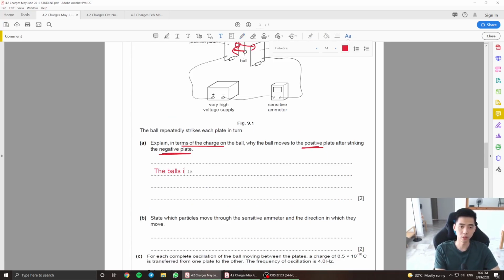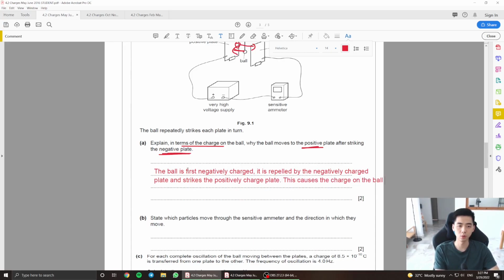The ball is first negatively charged, then it is repelled by the negatively charged plate and strikes the positively charged plate. This causes the charge on the ball to become positive and it is yet again repelled and strikes the negatively charged plate again.